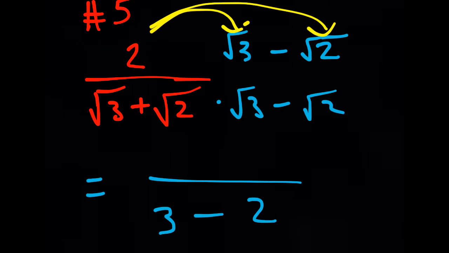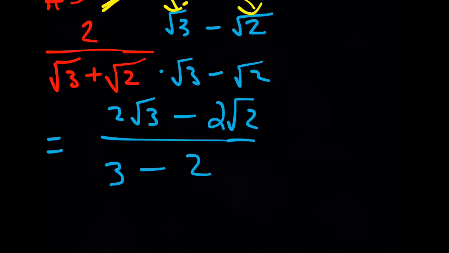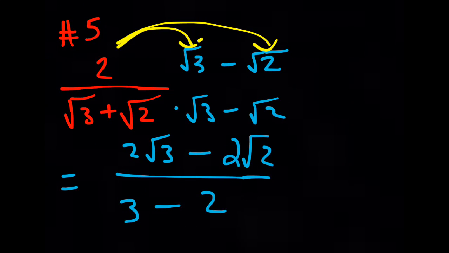So on the top, I have 2 root 3 minus 2 root 2. Distributive property. So 2 root 3 comes from 2 times root 3, and 2 root 2 from 2 times root 2.